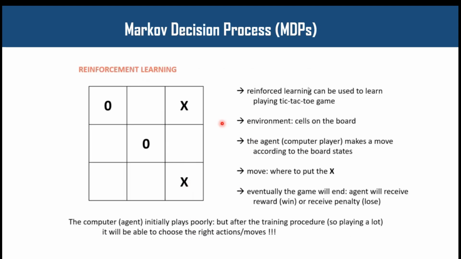If you take a tic-tac-toe game, this is the game that we are going to implement in our class. Most of you are familiar with this game. You have 9 states here. We could use difficult projects also, but they are very difficult to learn and the implementation is also difficult.